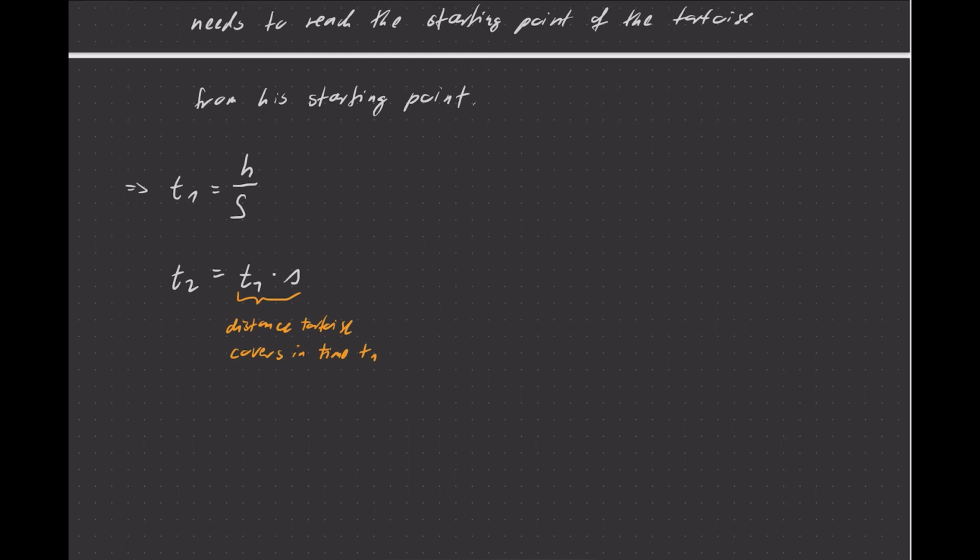And how long does he need to reach that? Well, he's running at a constant speed of capital S. So he needs distance divided by capital S. So we just multiply this by 1 over capital S. Or in other words, we know T1 already. T1 is h over capital S. So T2 is h over capital S times small s times 1 over capital S. So altogether what we get is hs over capital S squared.